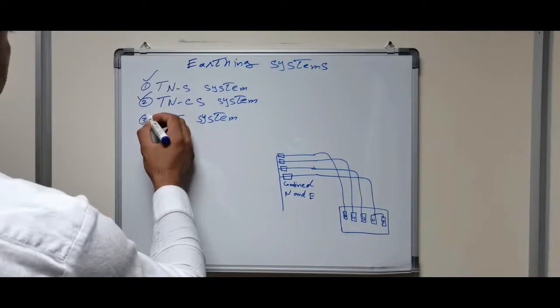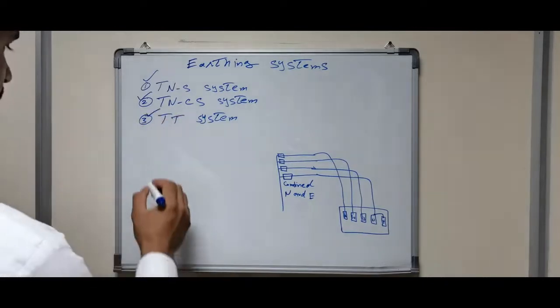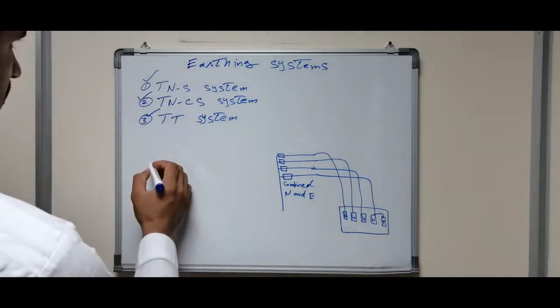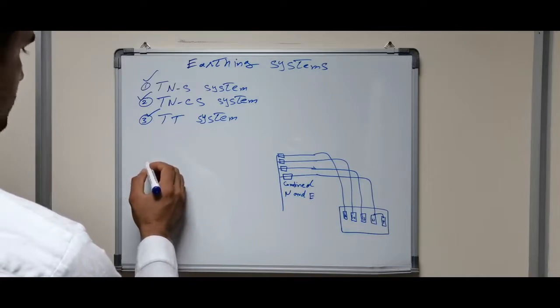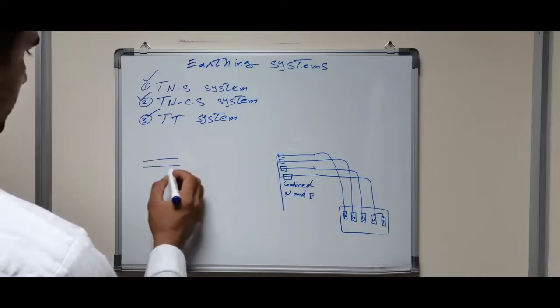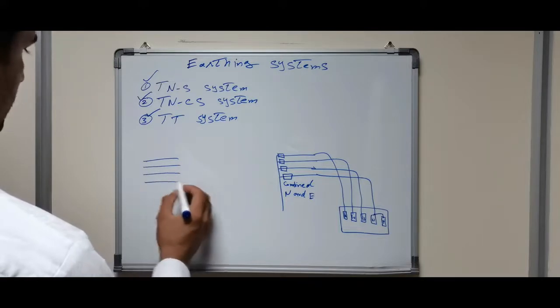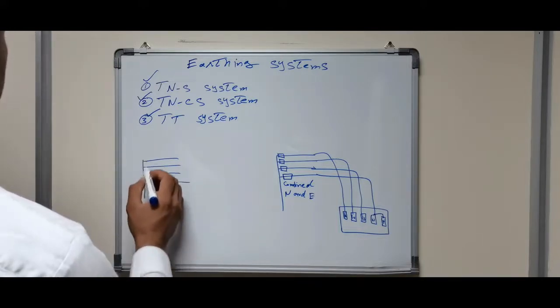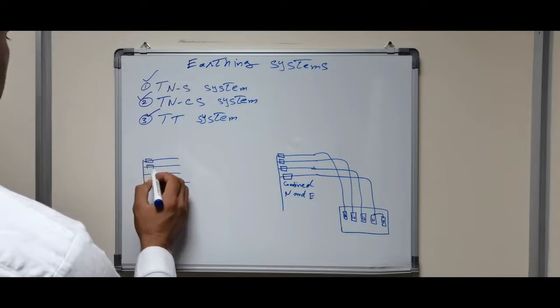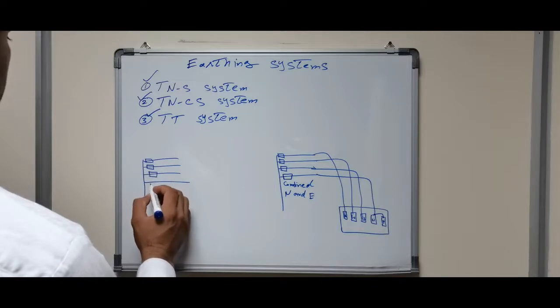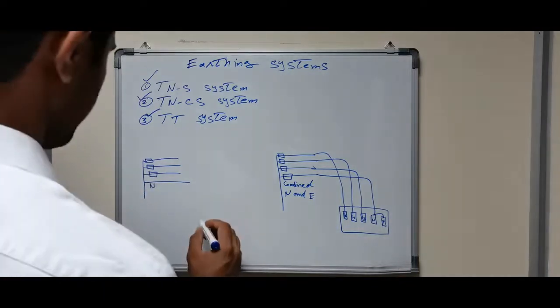In the TT system, our conductor arrangement will be like this: L1, L2, L3 and neutral.